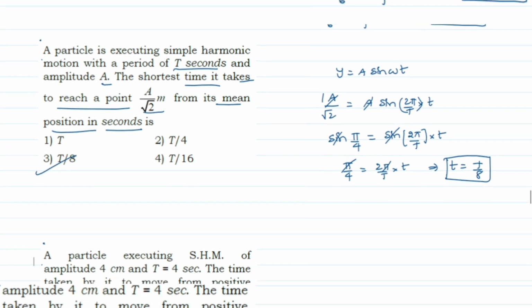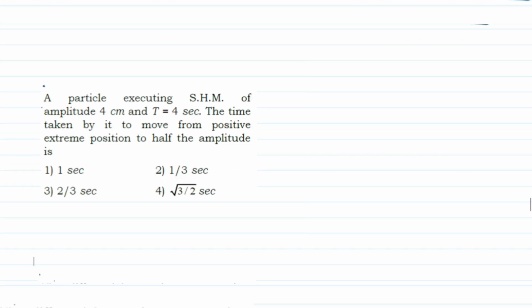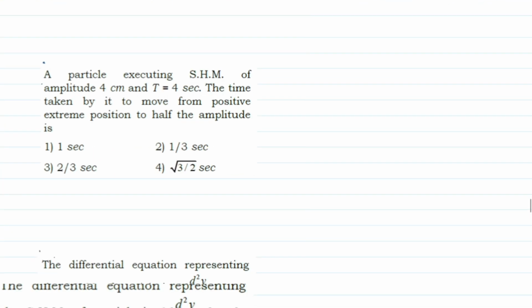Now the next question says a particle executing SHM has an amplitude of 4 cm and the time period is given as 4 seconds. They are asking the time taken by it to move from the positive extreme position to half of the amplitude.